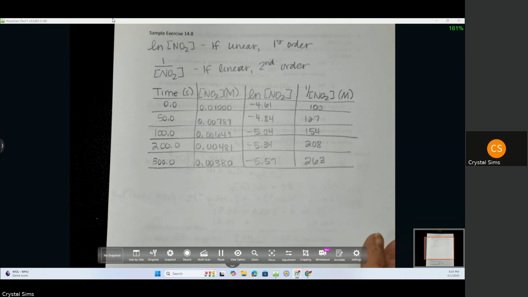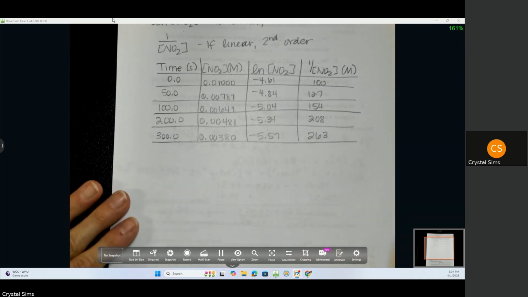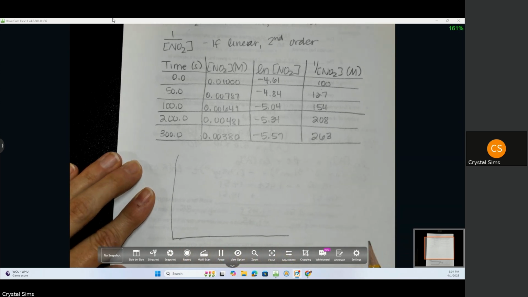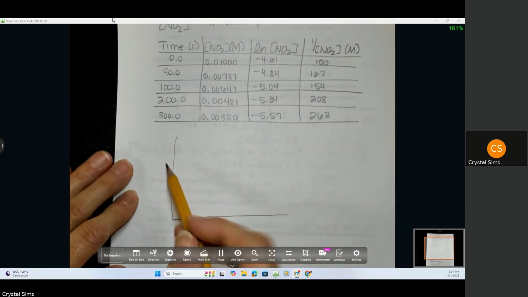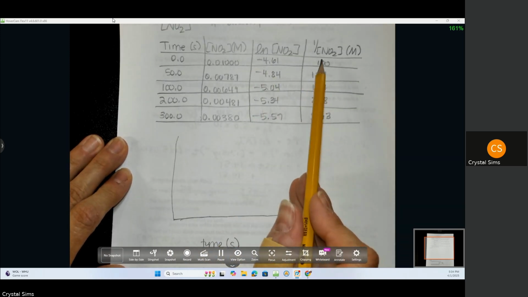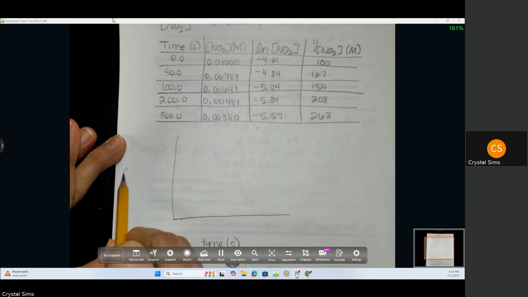Now, in the essence of time, I'm going to just go with the graphs that are in the book. But basically, the way that you would do this, just giving you an example, is you would draw out a simple little graph here. Time is always going to go on the x-axis, okay? And what you're plotting, whether it's the natural log or the 1 over the concentration, that's going to go here.